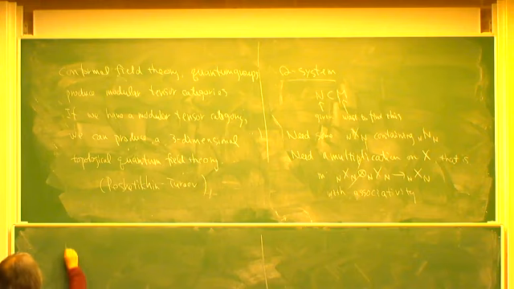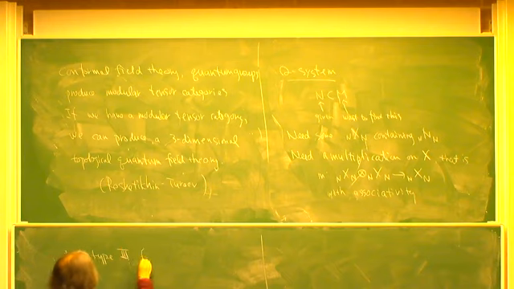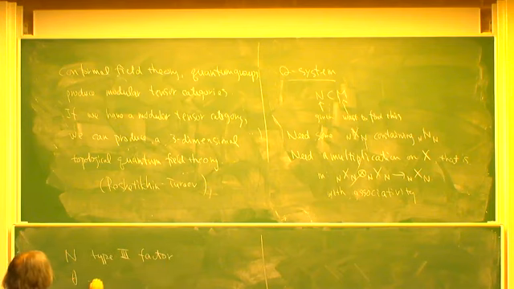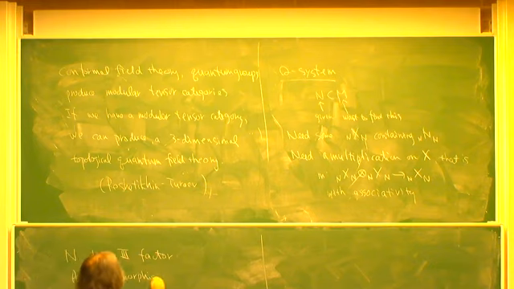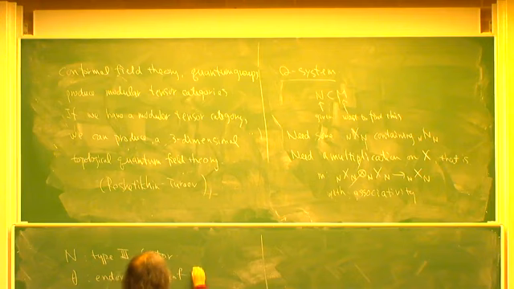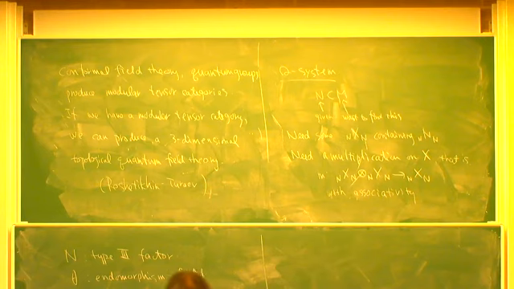We have some type III factor N, the smaller one, and theta is some endomorphism of N. Then we need something corresponding to the embedding of N into X, and this is given by W, an intertwiner from identity to theta.